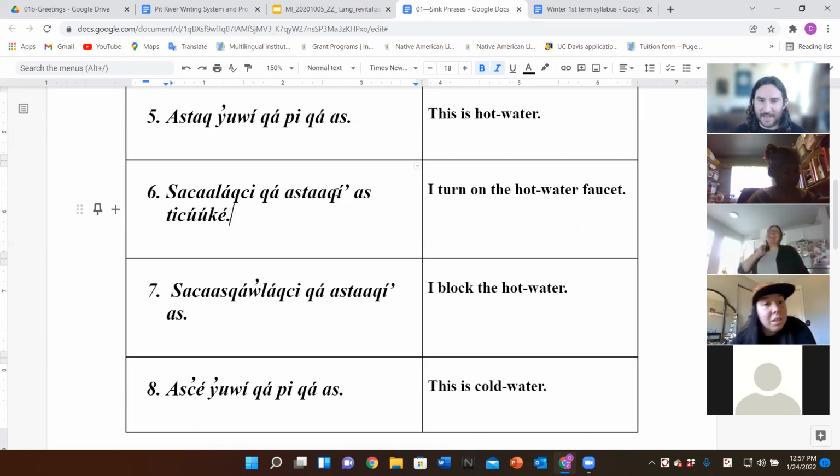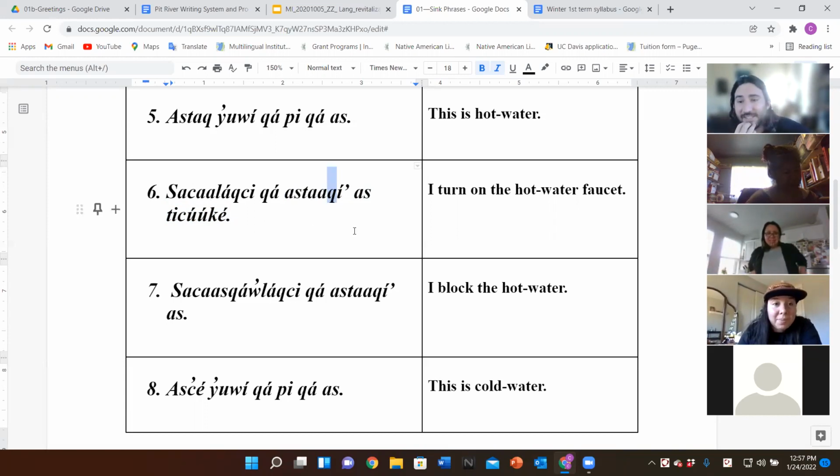Because, like, what do you guys write for Q, because you don't have that sound in English? What did we use for Q? See, that's why I'm having a hard time, because I can't write it down. All the other ones were easy to write down for me, but this is where I kind of get stuck, because of the Q. Right.